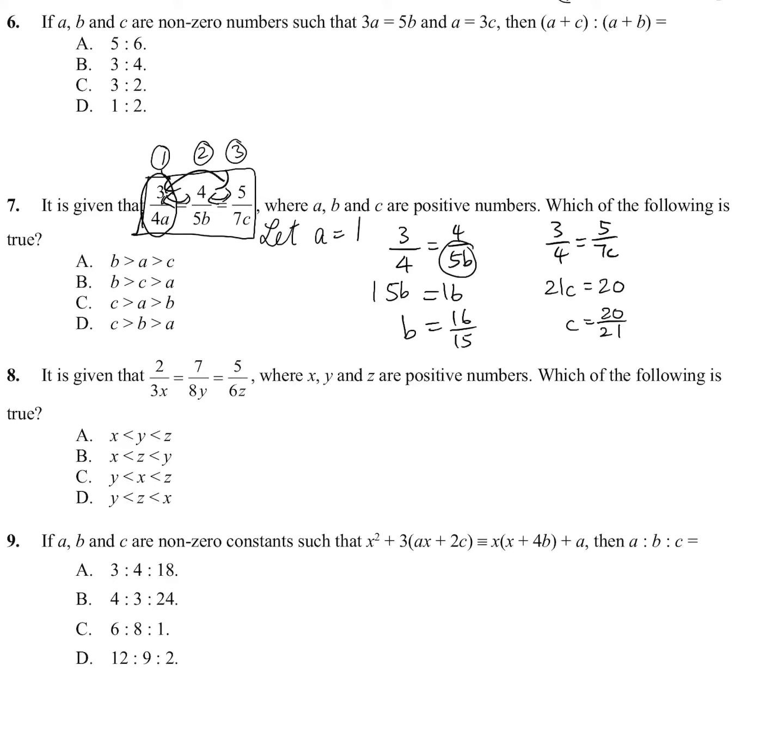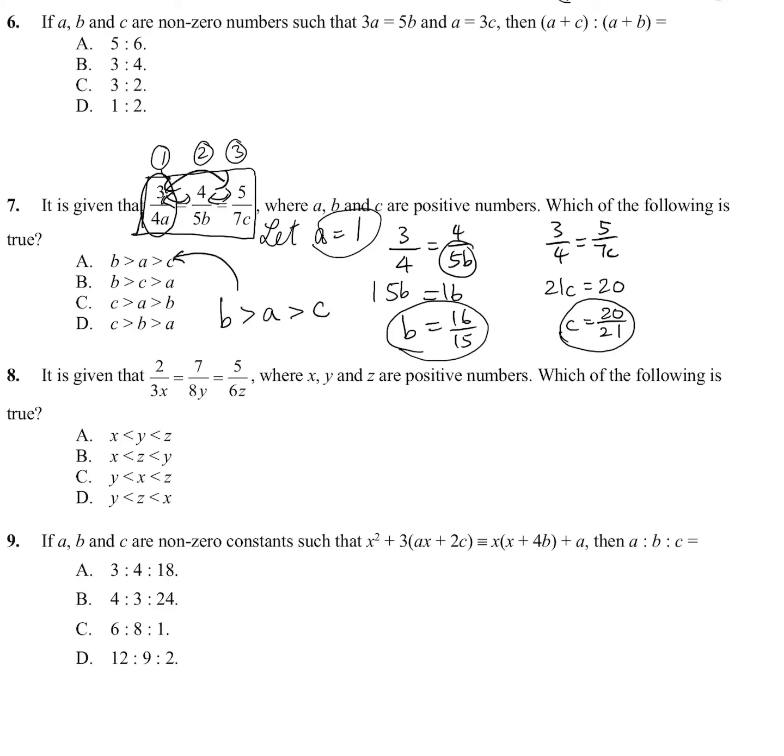Okay, so we can see that this number is actually bigger than 1. And A is 1. And then C is actually smaller than 1. So if I need to arrange it in order, then the biggest number is B, followed by A, and then followed by C. So the answer is A.